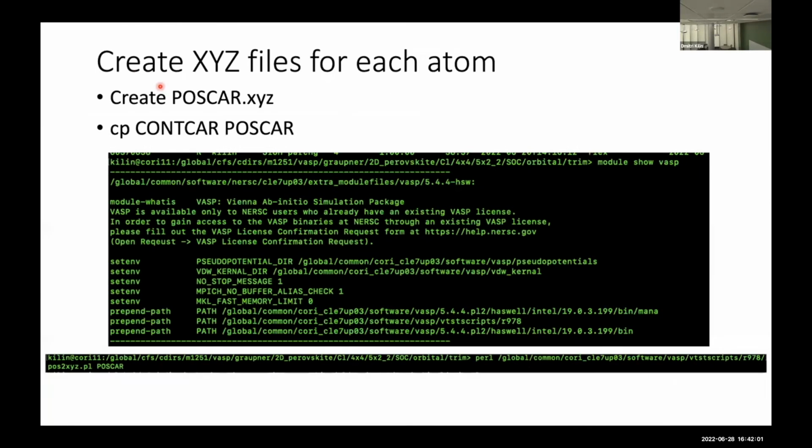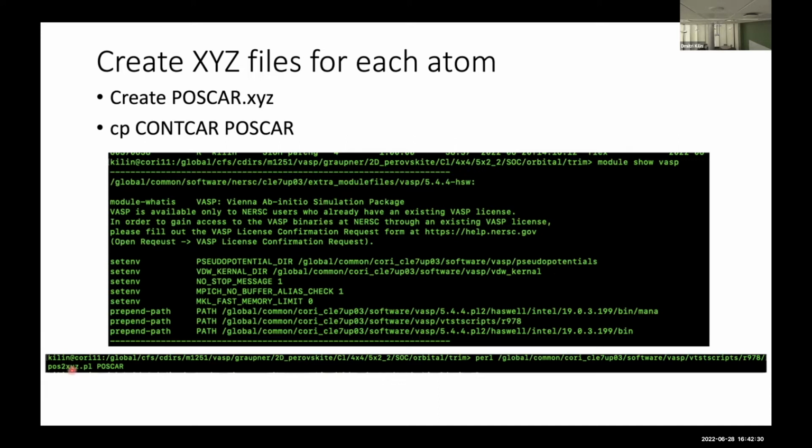And then to create the XYZ files that we need, we need to first create a postcard.xyz, which I have detailed how you can do on NERSC. If you type in modules show paths, it'll give you a list of useful paths, and you're interested in this one that has the VTST scripts in it.